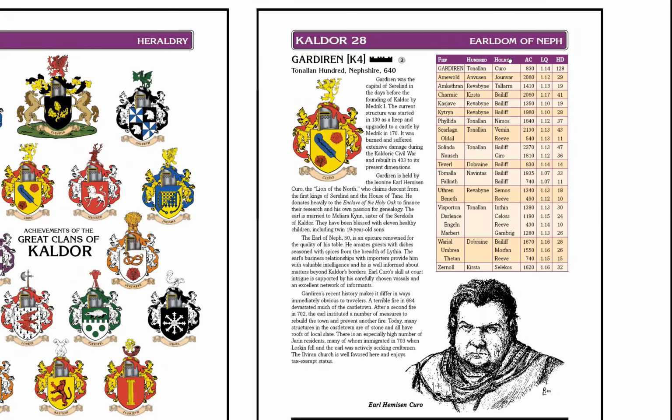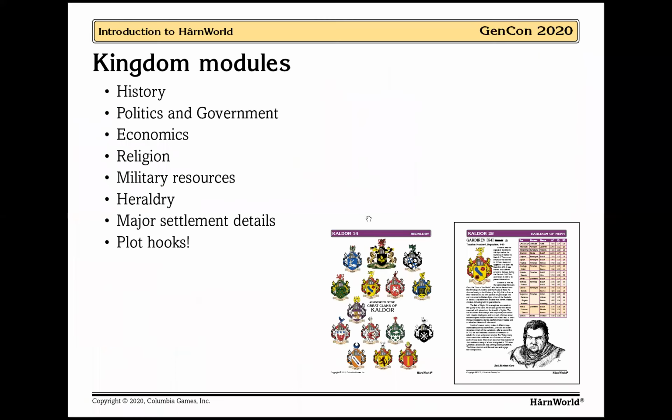It tells you where they are, who holds them for him, the number of acres, the land quality, the number of households. So there's an awful lot of information that you can glean from here. And in the text, we have a lot of information about the Earl and his earldom, and a lot of hooks there that you can use to drive your game. And each of the kingdoms has one of those.